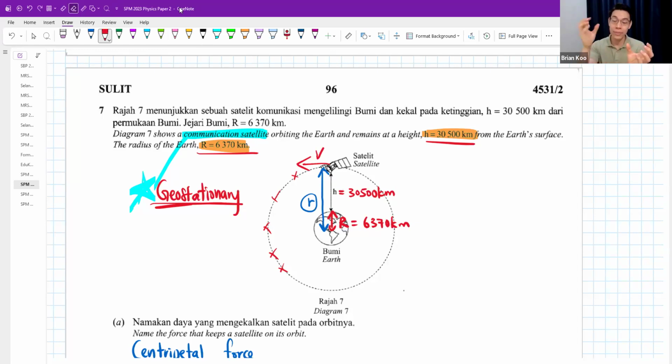For example, the satellite must always be on top of Kuala Lumpur, KL, always. So Earth is rotating, but the satellite will orbit and follow like that, which means it must always be a period of 24 hours. The question didn't tell me this, but I already know the period.